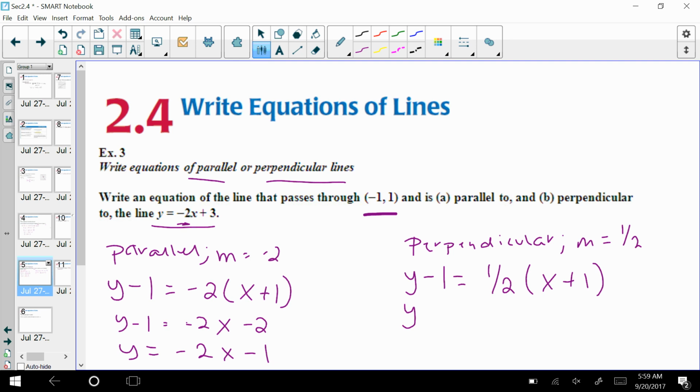And then we'll use algebra to solve. And add 1 to both sides. One and a half, or 3/2.